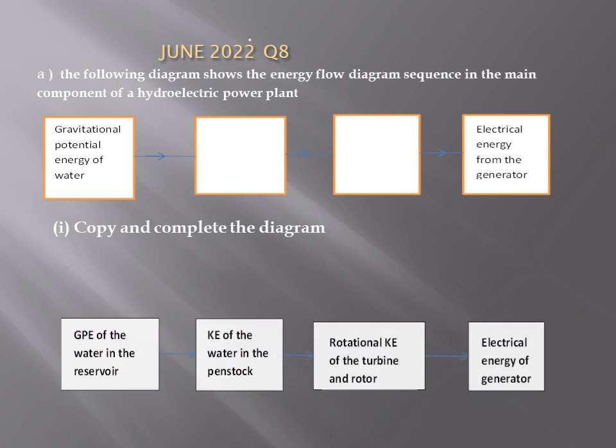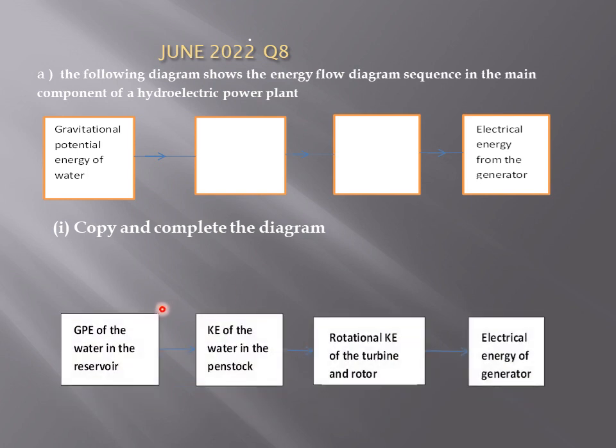What do we have as the answer? The gravitational potential energy of the water in the reservoir is converted to kinetic energy of water as it runs down the penstock. Then when it enters the turbine, it is converted to rotational kinetic energy of the turbine and the rotor.